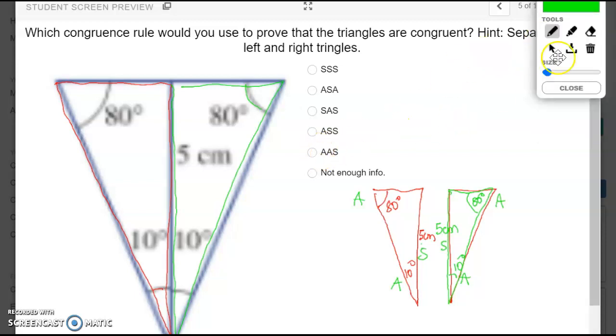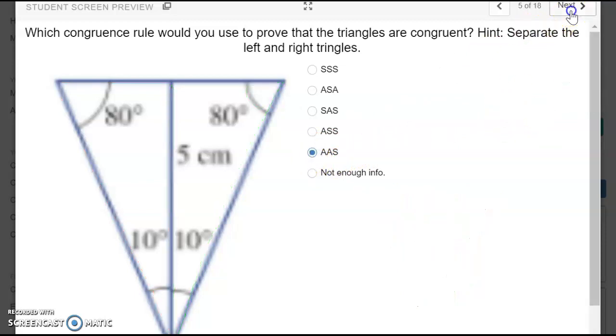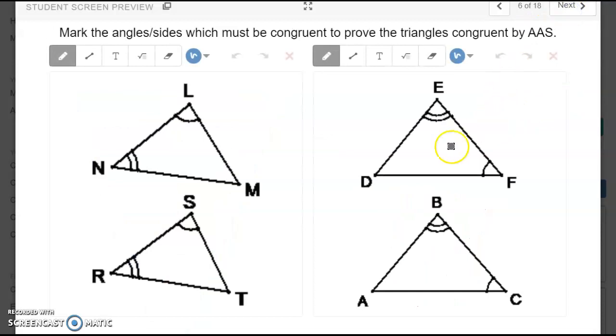So I am going to click on angle, angle, side. All right, then mark the angles or sides which must be congruent to prove the triangles are congruent by angle, angle, side. Okay, so I have angle L and angle S corresponding, angle N and angle R corresponding.